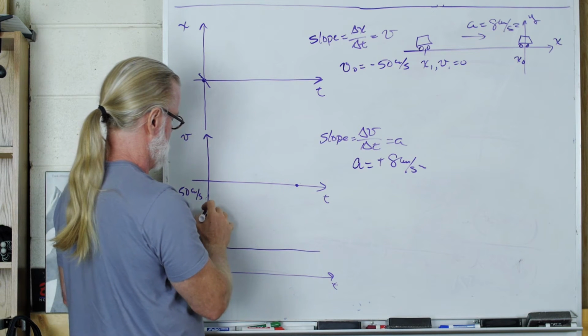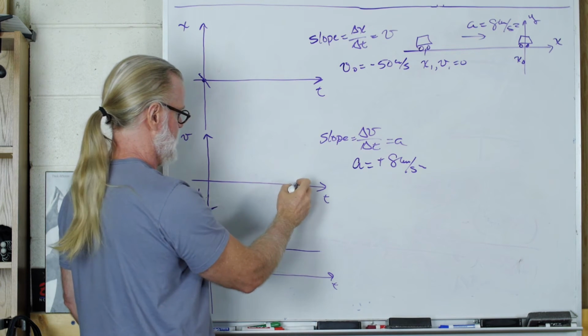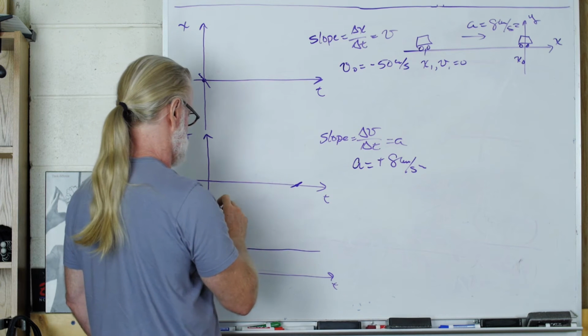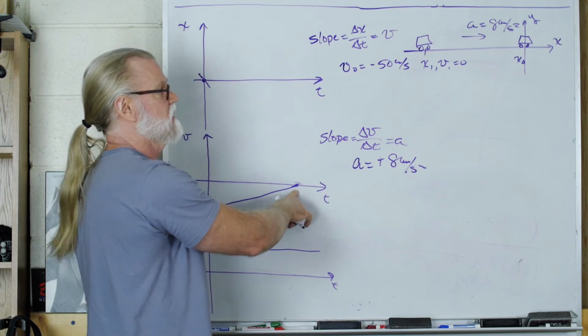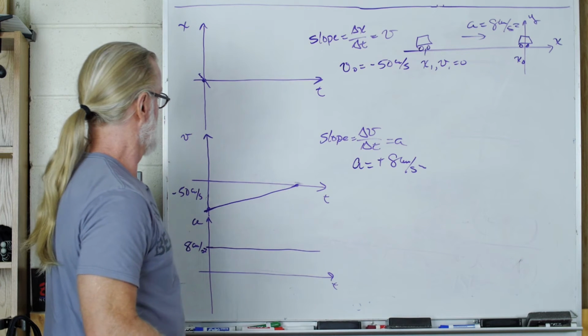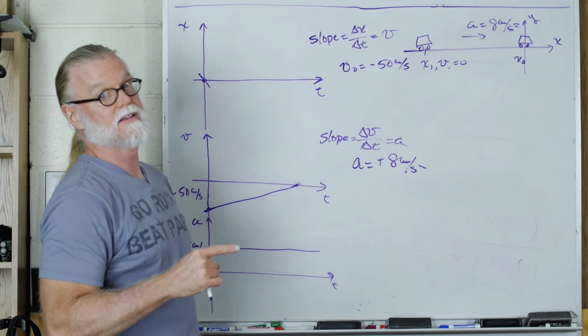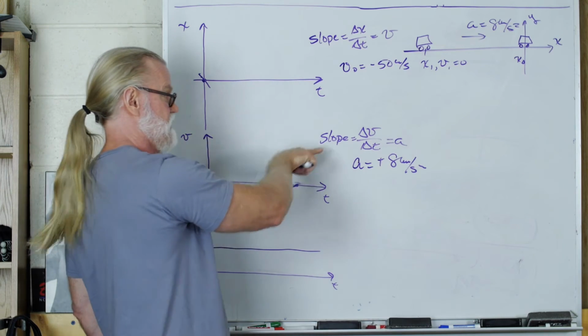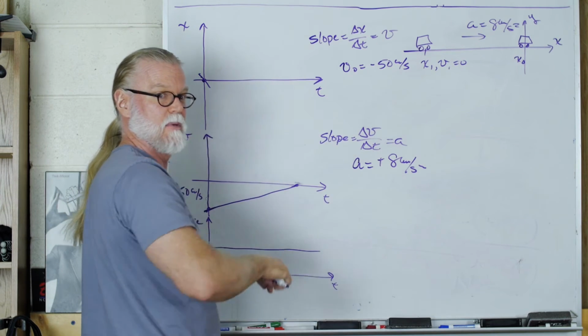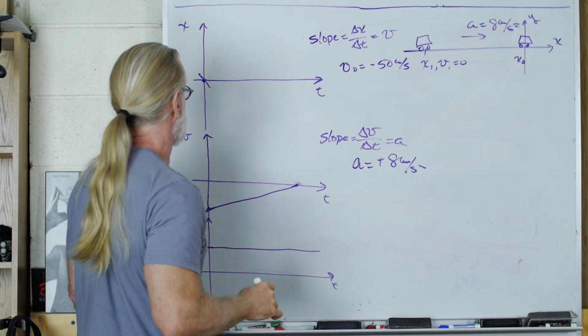And the slope's going to remain constant. So we're going to go zoink, like that. It's not going to go positive. It's going to stop. In this problem, it stops. If we continued it, it would start going positive, but that's not part of this problem. All right.